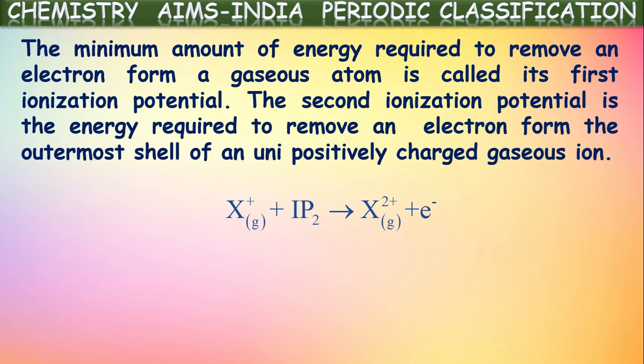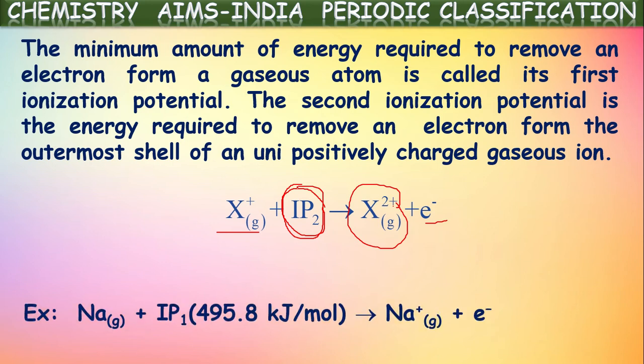Already that neutral atom is converted into a unipositive ion by the removal of an electron. This X plus represents a unipositive ion. Further, if a certain amount of energy is supplied, it will lose one more electron and form a dipositive ion. The amount of energy required with that unipositive ion for the removal of the second electron is called second ionization potential or second ionization energy.